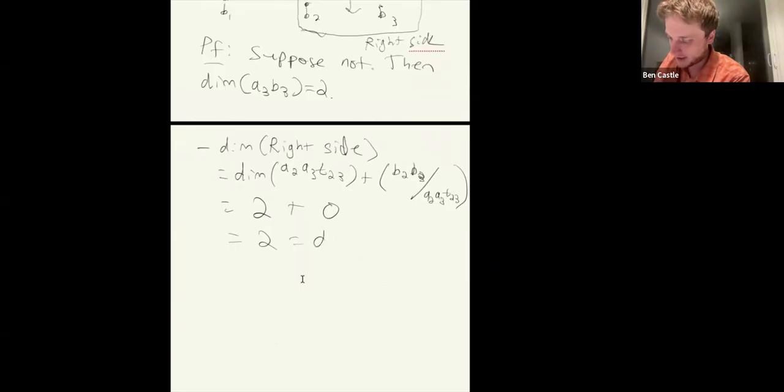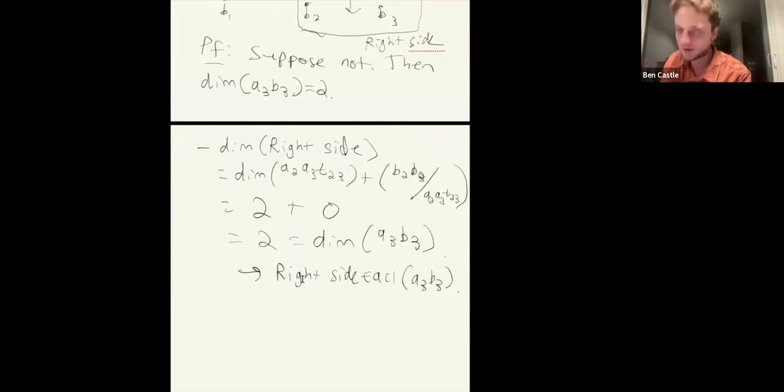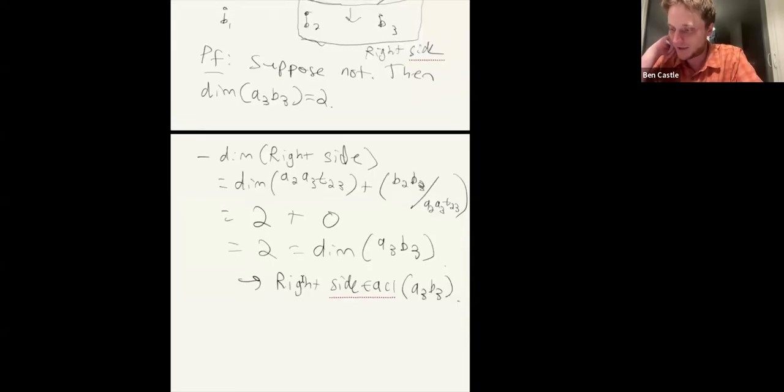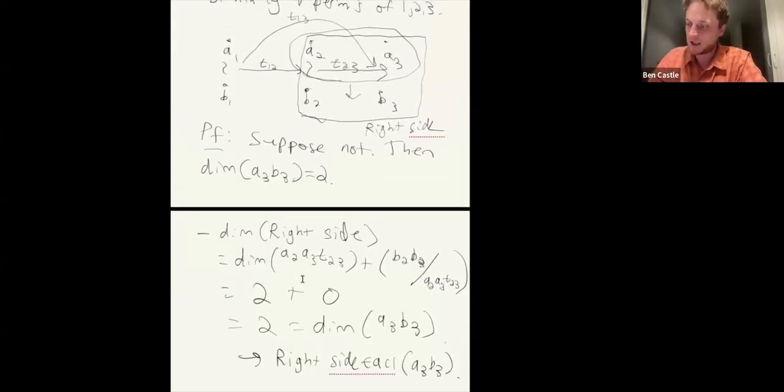Well, that's the same as A3, B3, which is part of the right side, right? So what that means is that the right side is all in the ACL of A3, B3. In other words, by additivity, the entire right side has to have dimension 0 over A3, B3, which means A3, B3 has to be enough to generate the entire right.